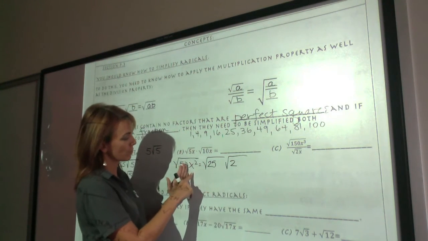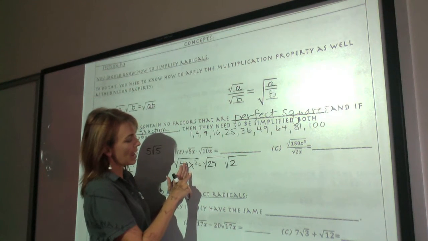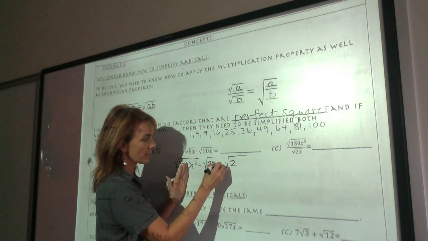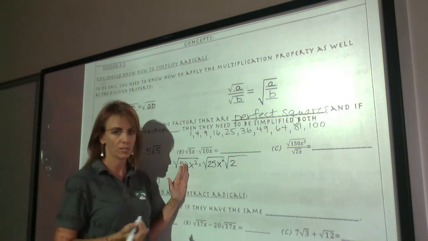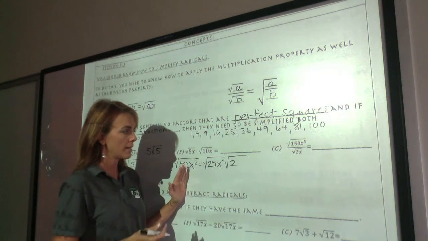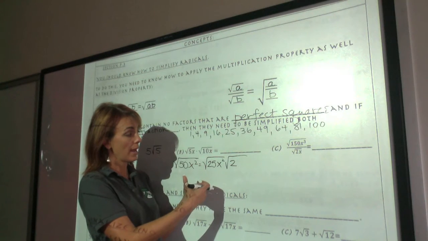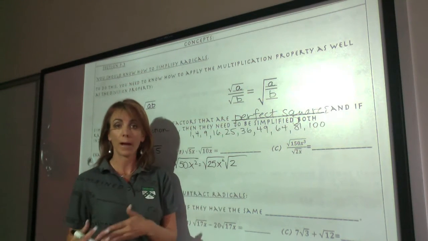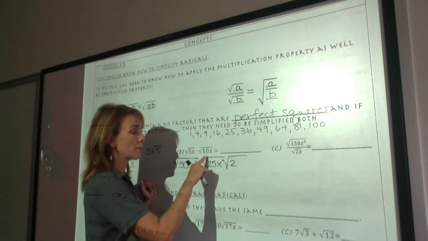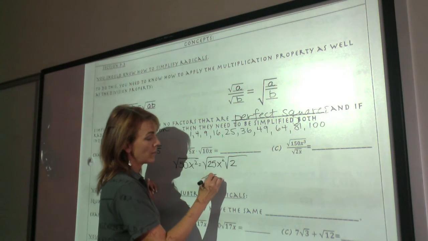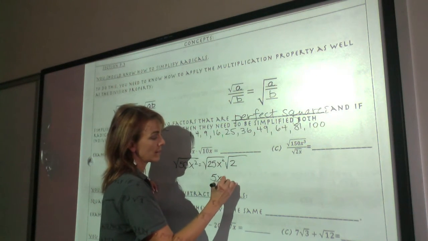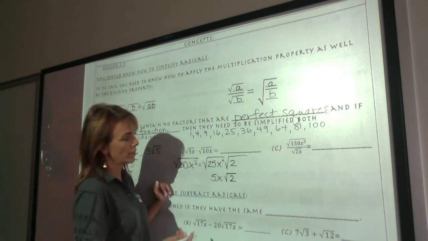Now looking at this square root, x squared is a perfect square, so I'm going to put it in the perfect squares radical. Now the perfect square radical, I want to take that out of the radical. So what is the square root of 25x squared? This is 5x times the square root of 2.